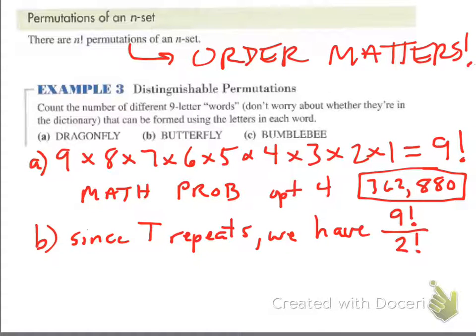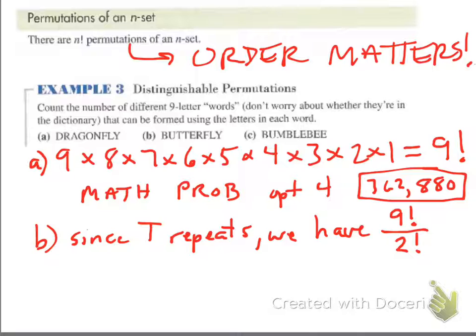factorial. Now, the reason we're going to do that is there's 2 T's, which means when you're picking which T goes where, there's 2 of them, so it doesn't really matter. So anytime you have a repeating letter or a repeating number, do your total number of permutations on top, 9 factorial, but you have to divide out by the letter that repeats that number of times.